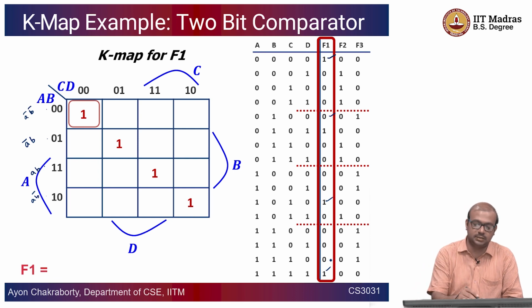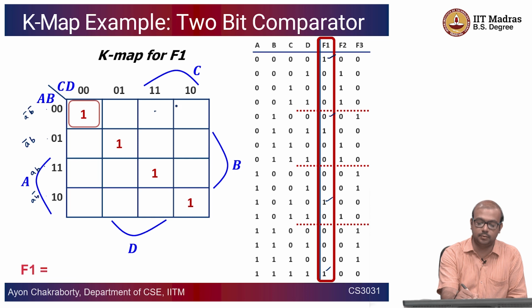I have shown these arcs for indicating the groups. So if you are talking about the last group here, if there are two things that appear here, D and D bar are going to be cancelled out. So 1 1, so this is C. If this is the group, this would have been C bar.